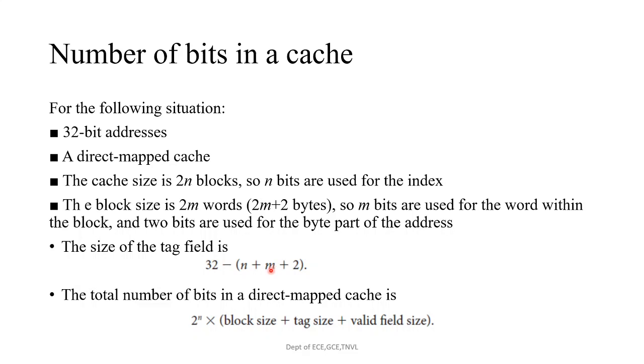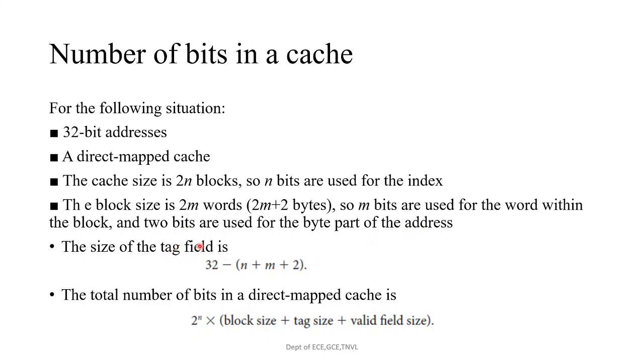In the previous case we assumed that the block size is 1, that the cache can hold 8 blocks and each block holds only one word. But there may be m bits of words per block, plus 2 bits which are used for the byte part of the address.